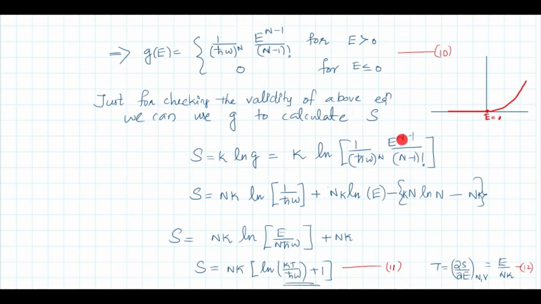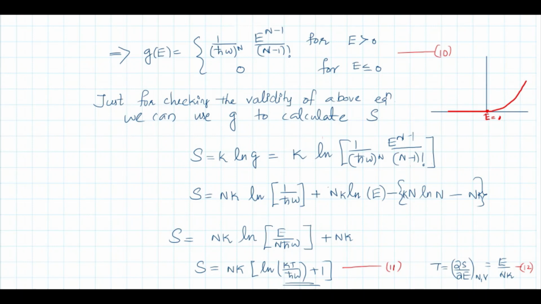If n is very large, you can neglect this 1. So E raised to n minus 1 becomes E raised to n, and the denominator n minus 1 factorial becomes n factorial. So this is nk log 1 by h cut omega, plus n, this n will come to this side, nk log E, minus log of n factorial, for which you can apply Stirling's approximation, and that will give you n log n minus n.